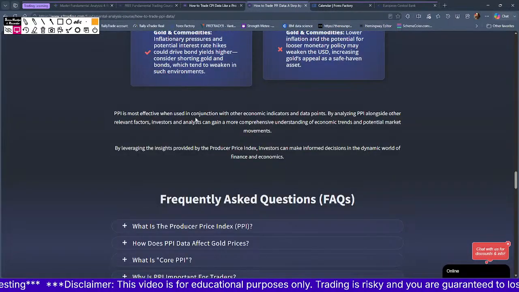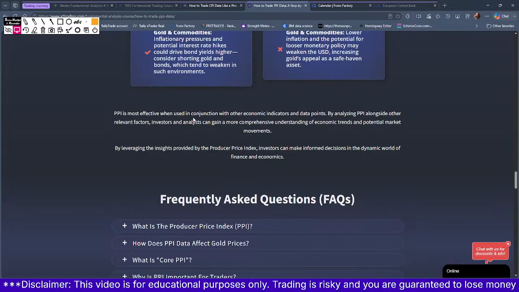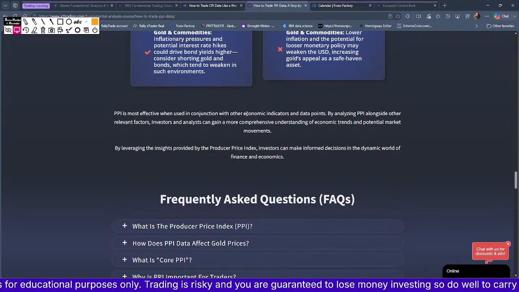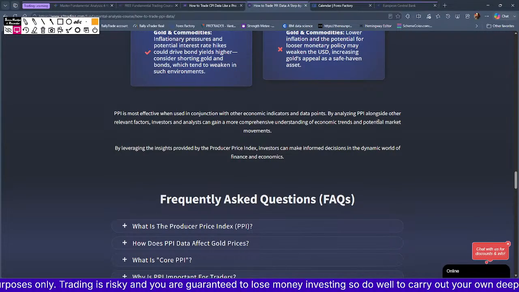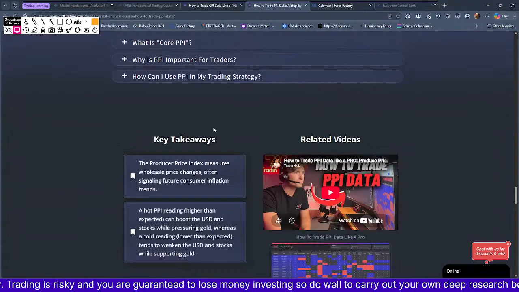So PPI is most effective when used in conjunction with other economic data points and economic indicators. By analyzing the PPI alongside other factors, investors and analysts can gain a more comprehensive understanding of economic trends and potential market movement. So it's something you just need to leverage on and understand what is going on.